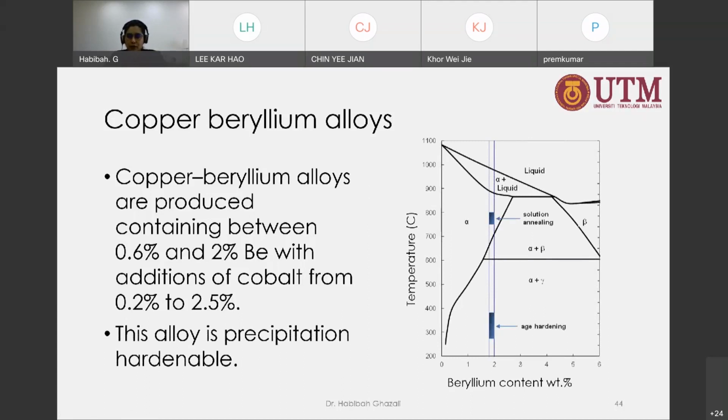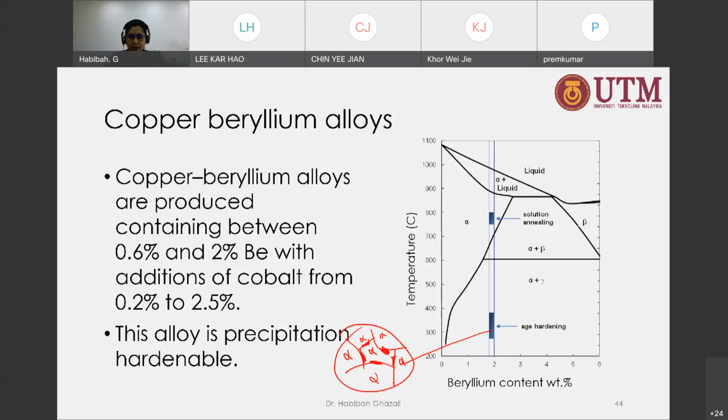As you can see here, if this is cooled in equilibrium, you will have a microstructure that looks like this: alpha, alpha, alpha, with gamma precipitating out at the grain boundary.